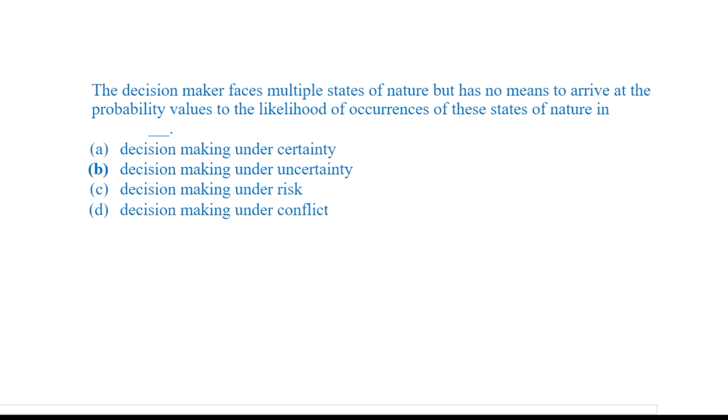This is the keyword which gives me the answer: no means to arrive at the probability. So I'm working under an uncertain environment, and hence the right answer is decision making under uncertainty.